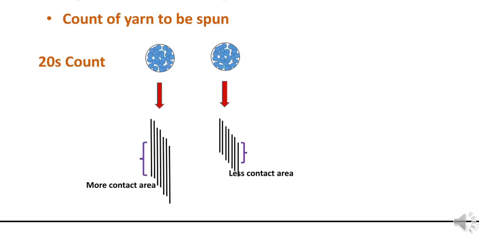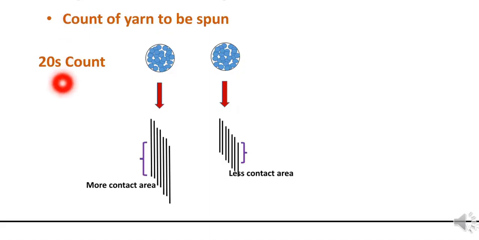Here I have shown one example. Let us assume we want to spin 20s count. There are two different varieties with us. One is long staple and second is short staple. This is long staple variety. This is short staple variety. We want to spin 20s count yarn.